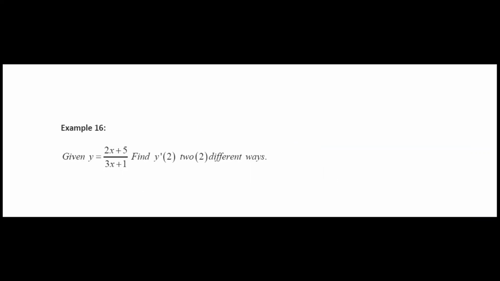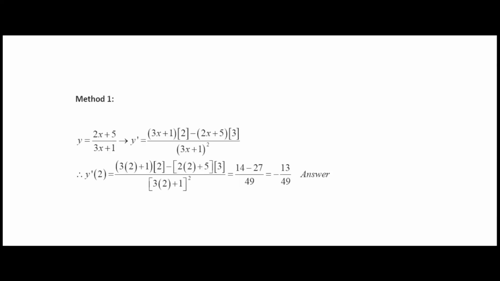The first way is what you would probably do most commonly, and that is use the quotient rule. It's denominator times derivative of numerator, which is 2, minus numerator times derivative of denominator, which is 3, all over denominator squared.